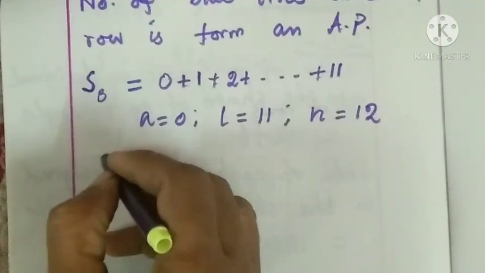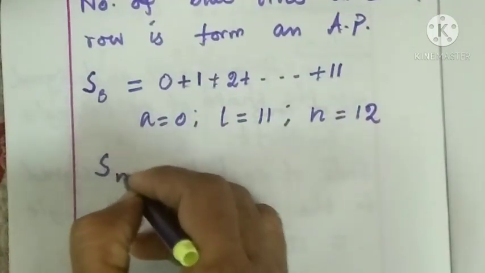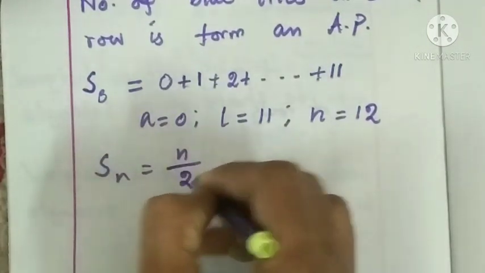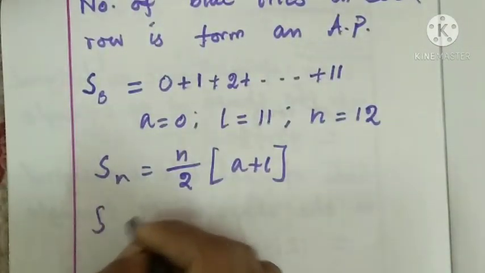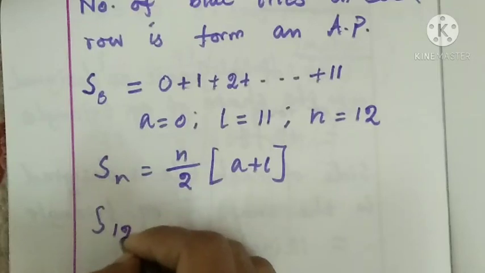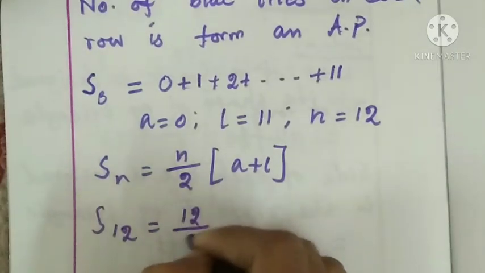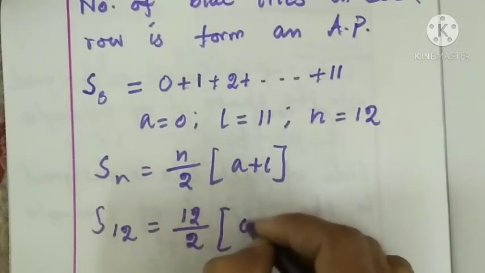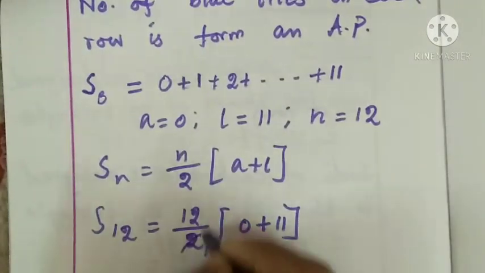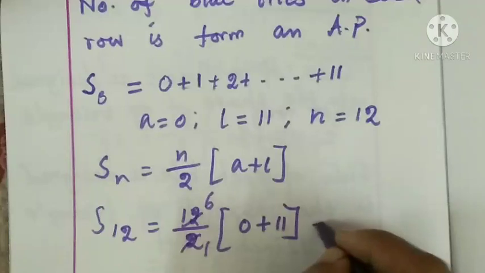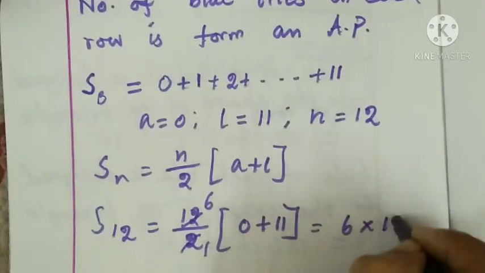Now you have to use the formula Sn is equal to n by 2 into A plus L. Here n is 12, so S12 is equal to 12 by 2 into 0 plus 11. Cancelling this by 2 table, 2 sixes are 12, that is 6 into 11.